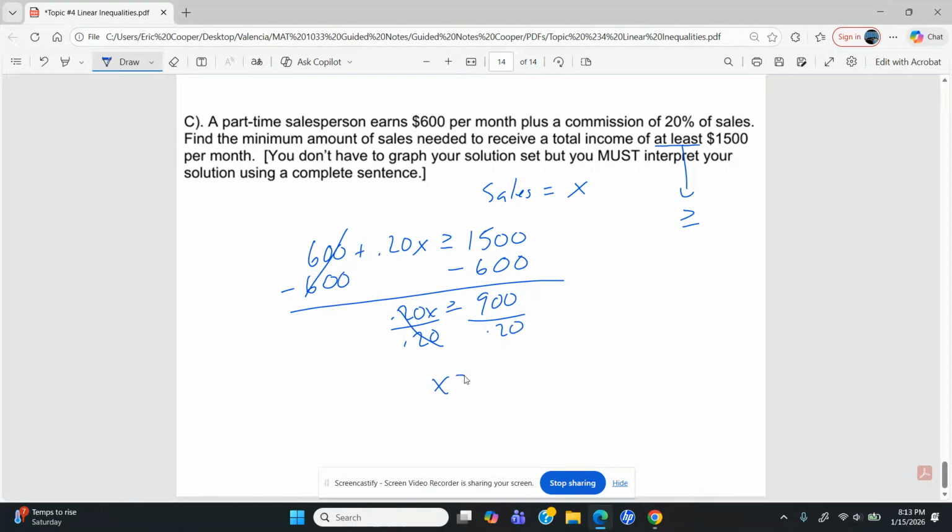When I do that, I get x is greater than or equal to 4,500, meaning she needs to sell $4,500 worth of sales in order to earn at least $1,500 for the month. So again, using those keywords, I was able to figure out that at least is greater than or equal to. Use those keywords as you're translating word problems into inequalities.